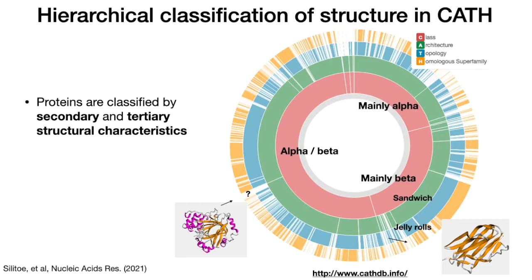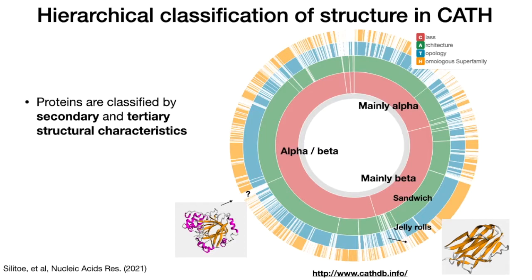In this work, we are using the CATH database, which is a large hierarchically organized collection of structural domains. There are 4 tiers to the CATH hierarchy, each pertaining to increasingly more specific secondary and tertiary structural characteristics. Those tiers stand for class, which coarsely sorts proteins into either mainly alpha, mainly beta, a mix of alpha and beta, or little secondary structure.